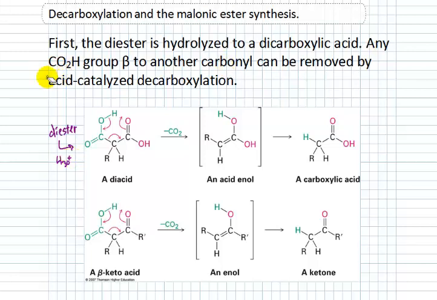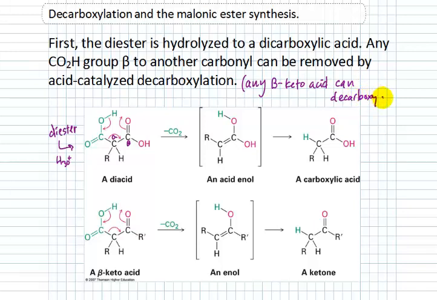Now, any carboxylic acid that's beta to a carbonyl, we're going to look at it this way. Here's CO2H, here's alpha, here's beta. We look for a beta keto acid. Let's actually say this, that any beta keto acid can decarboxylate.